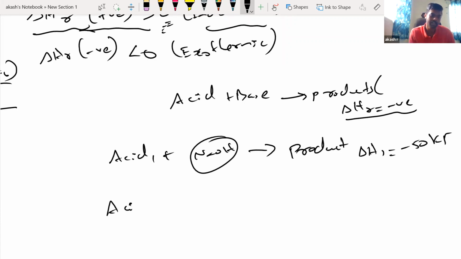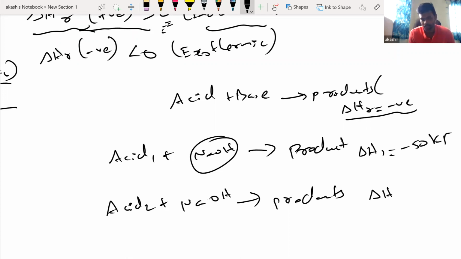And there is another acid 2 reacting with NaOH to form products, and the enthalpy of this reaction is nothing but the enthalpy of neutralization. Say that enthalpy value, delta H2, we find to be minus 60 kilojoules per mole. Now, forget about the signs, because obviously everything is going to be negative only.